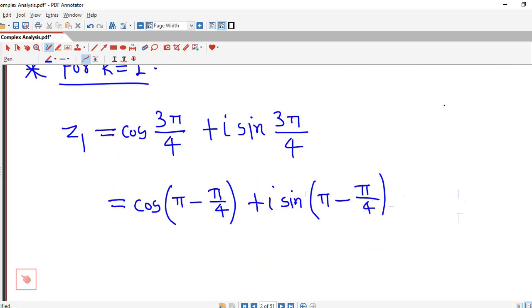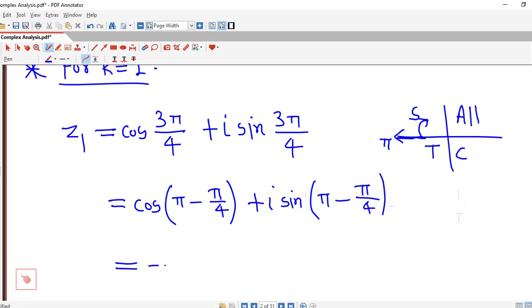Now pi minus pi by 4 means we are in the second quadrant, and we know that in the second quadrant sine is positive and cosine is negative.